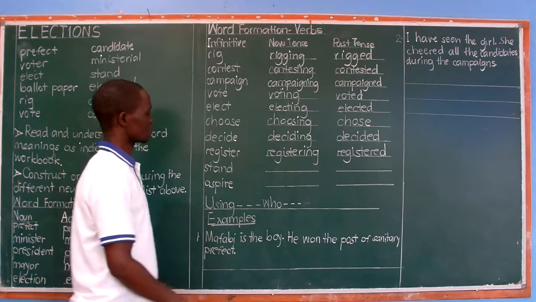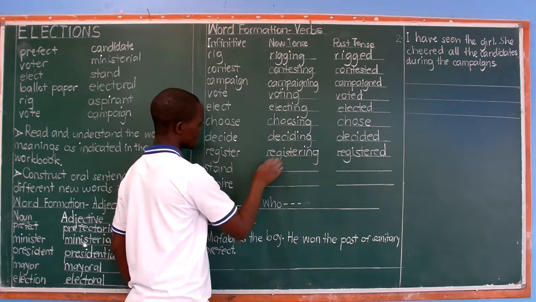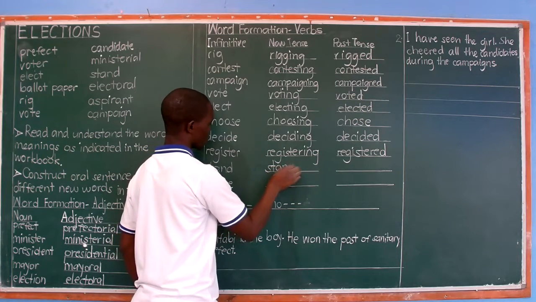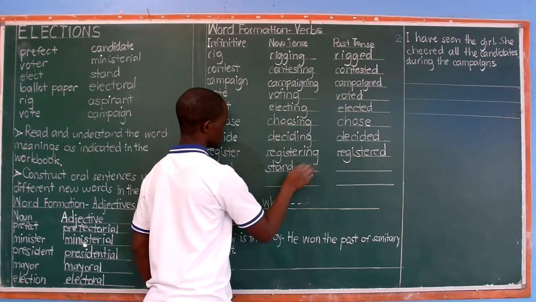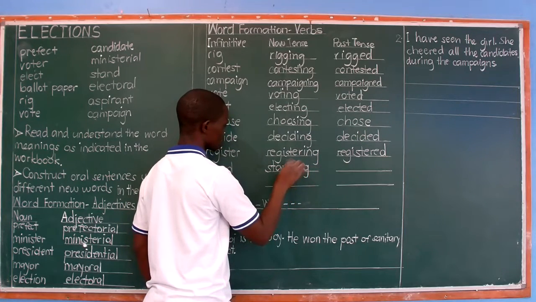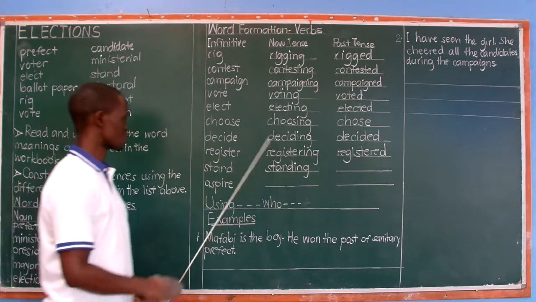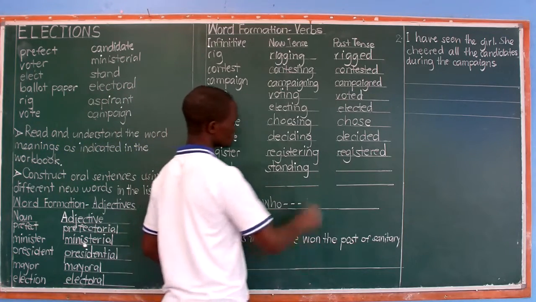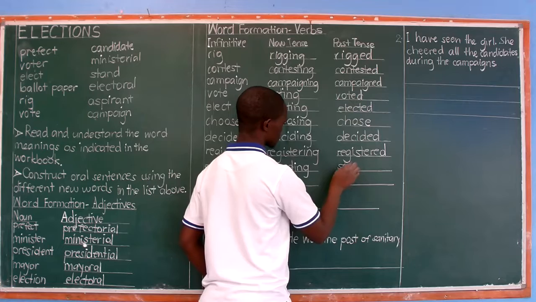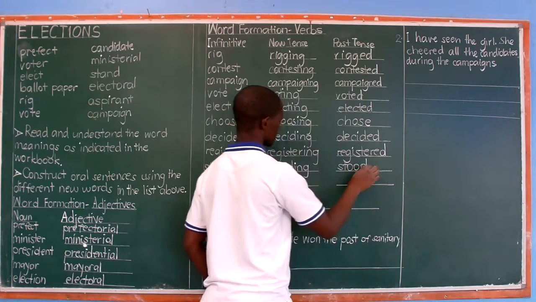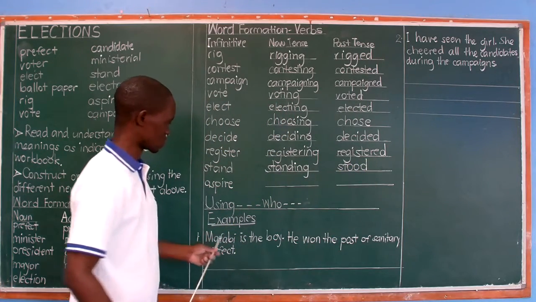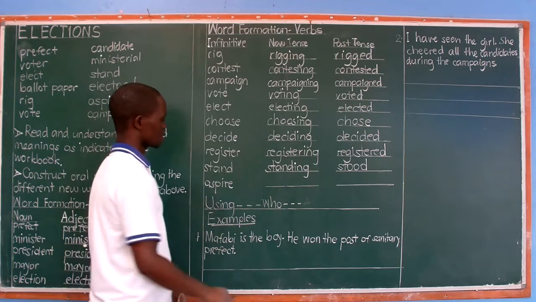Stand. From stand, we talk about standing as its ing form or now tense. Yes. I am standing as the sanitation minister in our school. Stand, then stood. Stood is the past tense. Aspire.